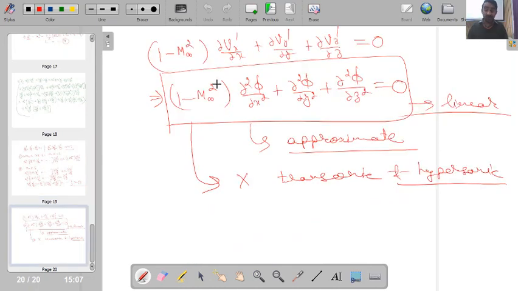So it means linearized small perturbation theories you can apply only for the subsonic and the supersonic flows. Okay, mathematically we are finding a regime of Mach number, particularly transonic and hypersonic flows, where this equation cannot be applied.